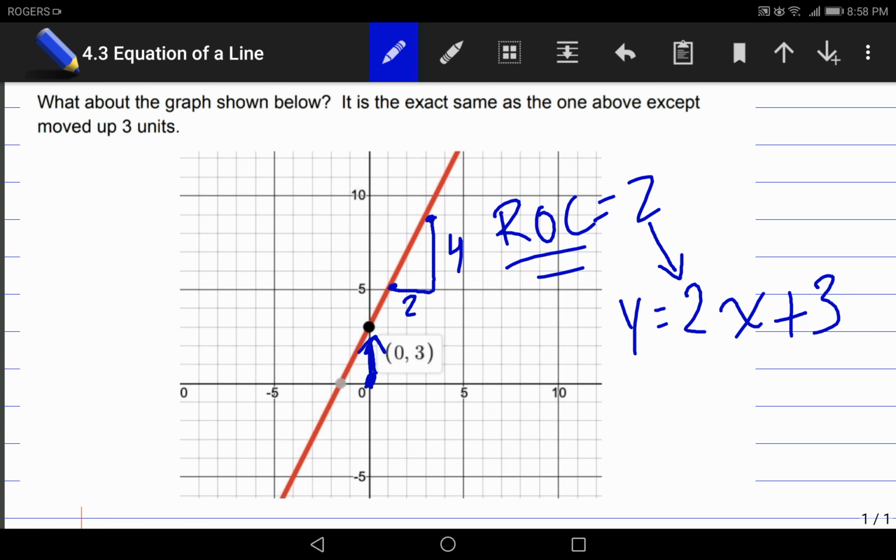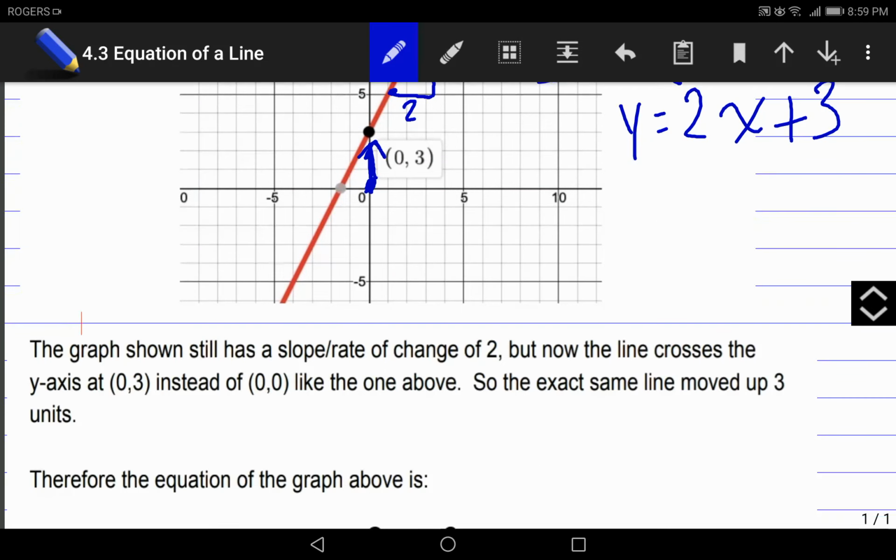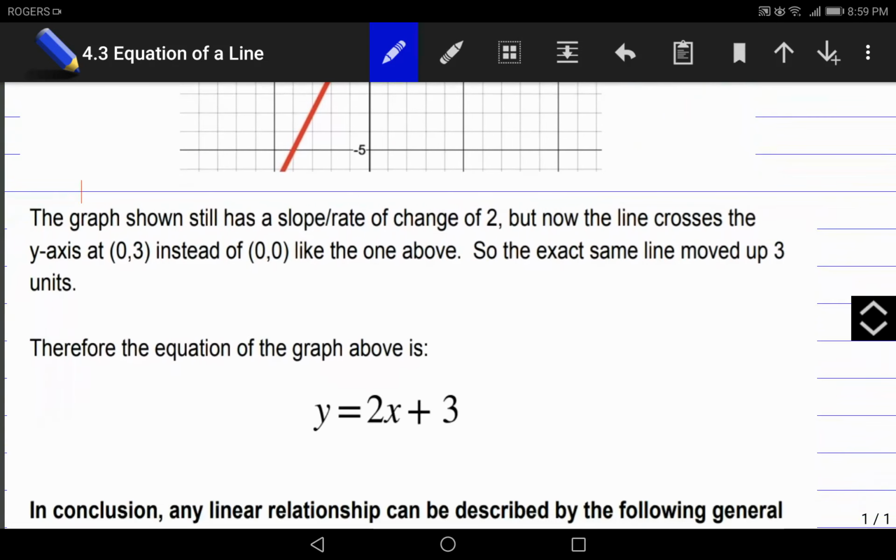So the linear equation is still 2 times x, but then we add 3 to get all our y values. That's what's written down here. Here's your equation for that line. It's the line of y equals 2x, just shifted up 3 units.